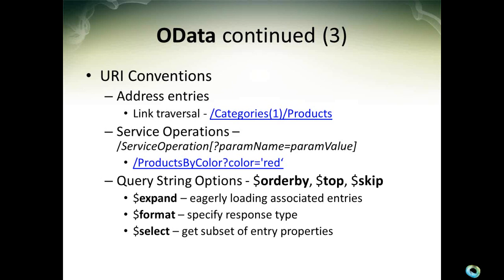If you have a service operation named products by color, and it has a parameter called color, we can say products by color, question mark, the parameter name equal to the parameter value. This way, we will call this operation, pass the parameter, and it will return us the data that we want.